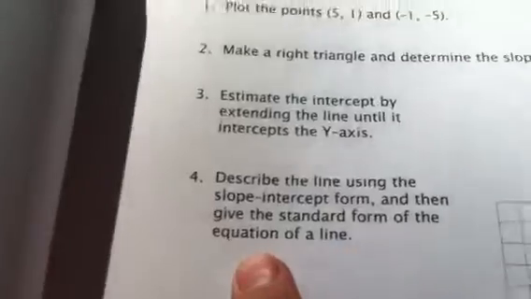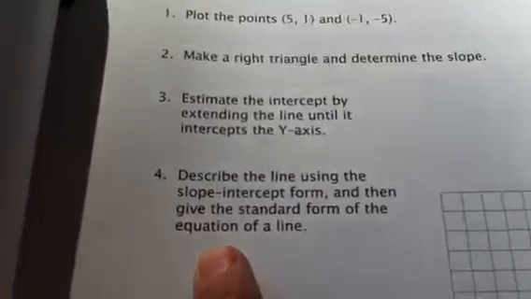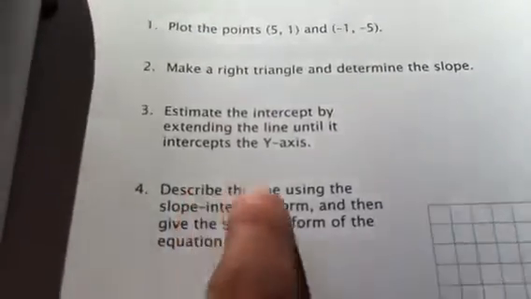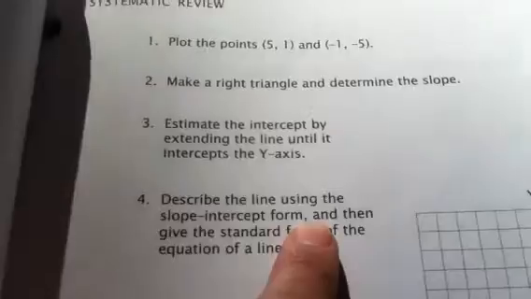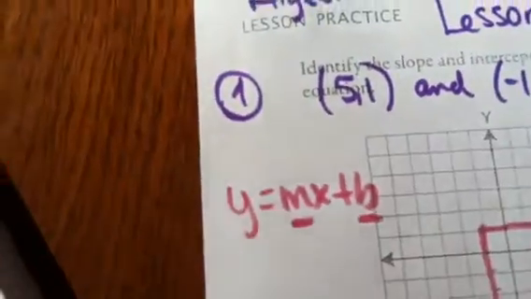Okay, so this says describe the line using the slope-intercept form and then give the standard form of the equation of the line. Remember your slope-intercept form is this. Anytime you hear slope-intercept, this is the form they're talking about. Whenever you make an equation, you have to know the slope and the y-intercept.